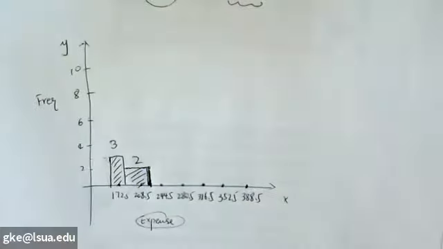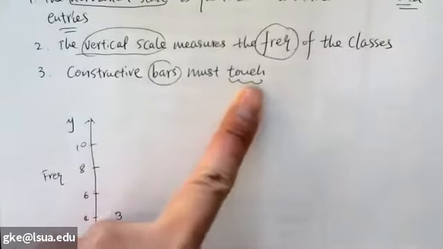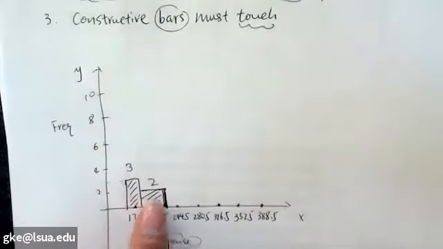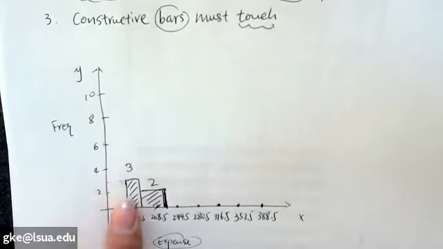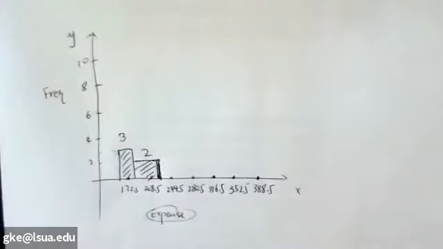Okay, it's 2. And be careful, as I mentioned before, the consecutive bars must touch. These 2 bars always touch each other. Make sure there's no gap between these 2 bars.